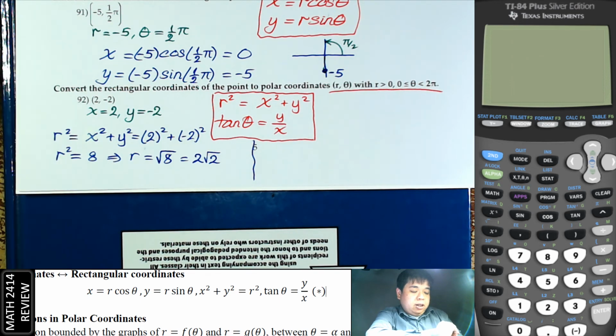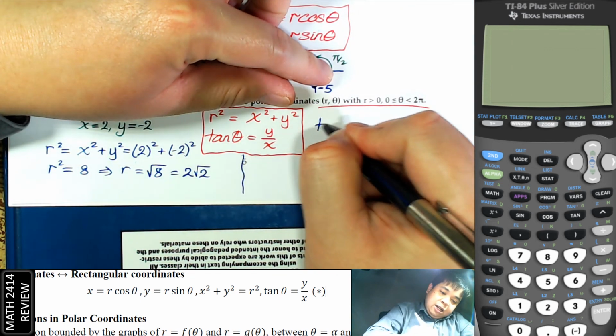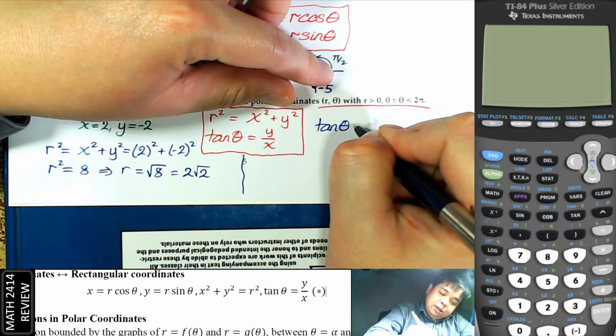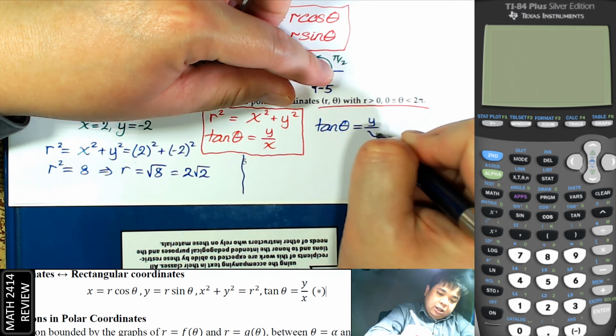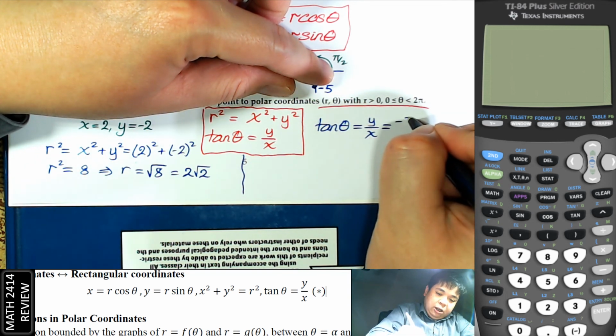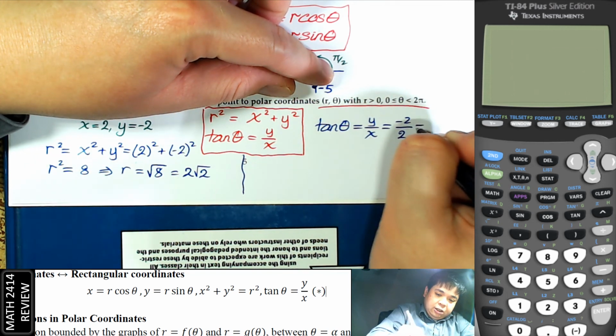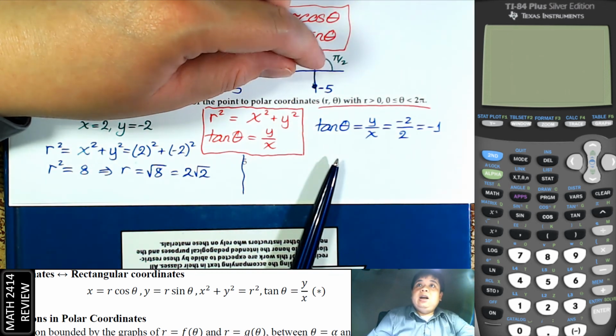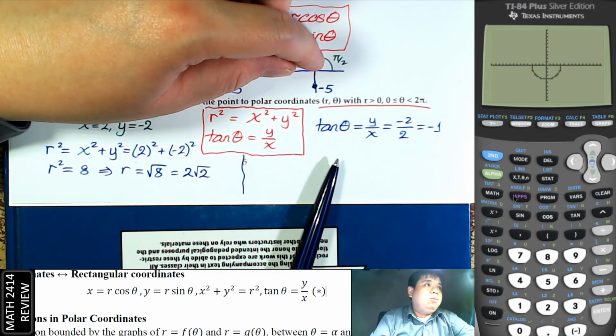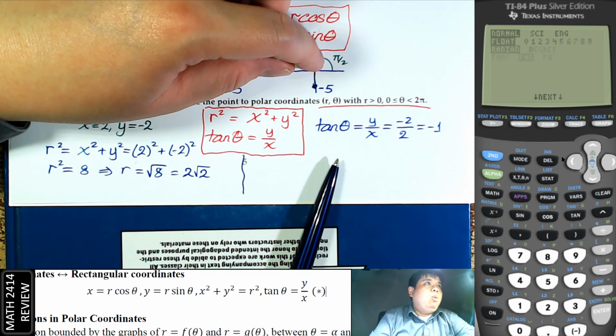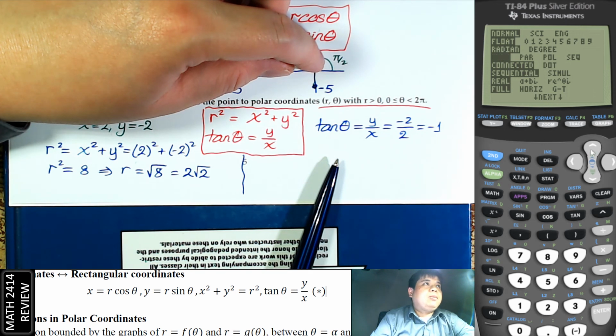Now the angle theta: tangent of theta equals y over x. When we're done, just make sure the calculator is in the right mode.